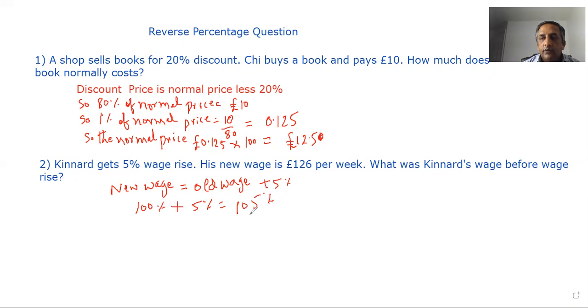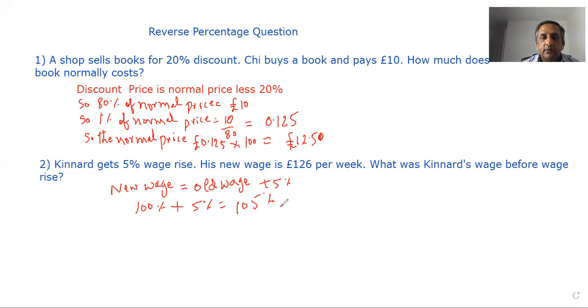So 105%, and when you add 5% plus 100%, you get 105%.